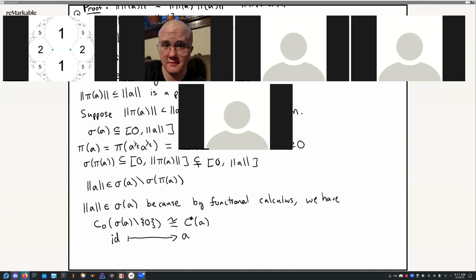So the norm of the identity function in C0 of this set has to be the norm of A. And the norm of the identity function is the supremum of the spectrum of A minus 0.